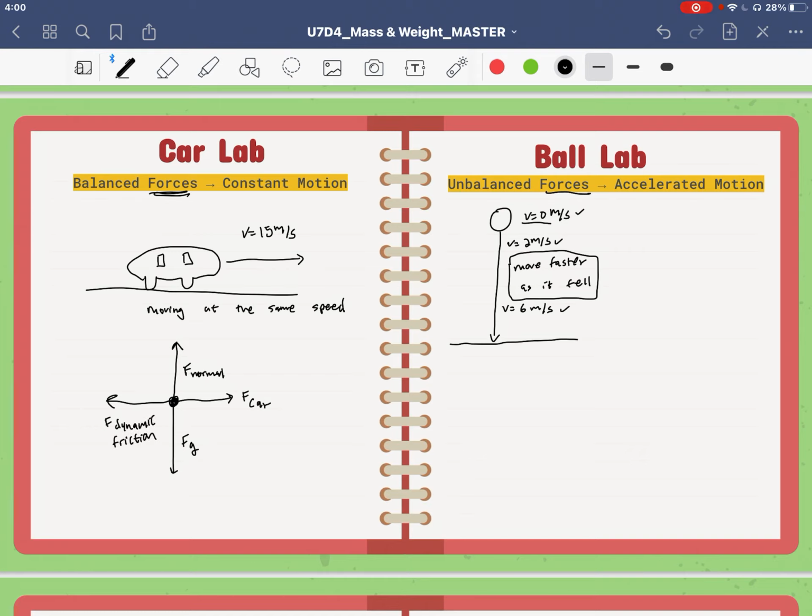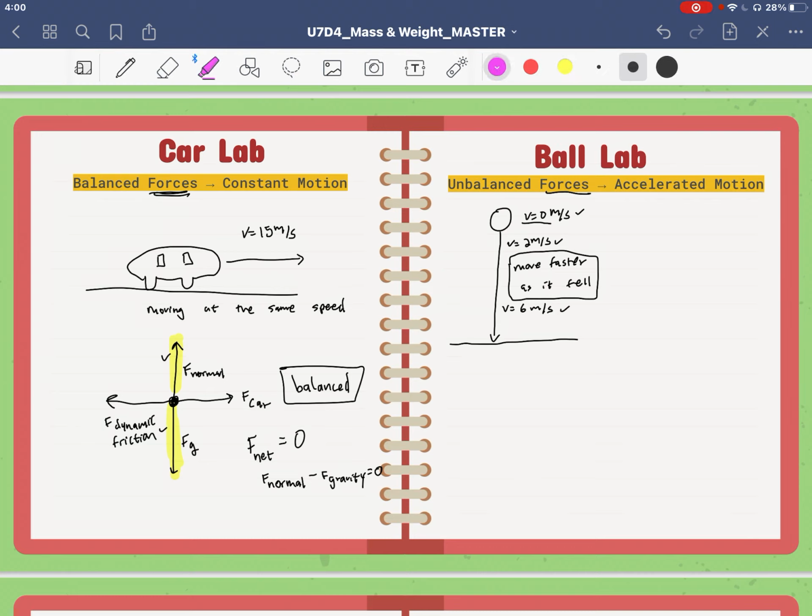Another way to look at this is that F net, if we add up all the forces, will be 0. The y direction forces, F normal minus F of gravity, is 0. These are exactly the same length.